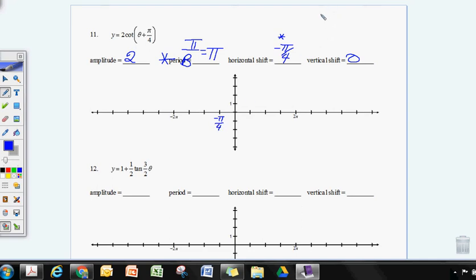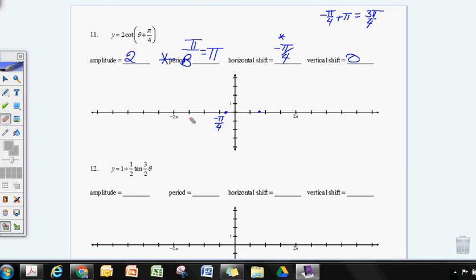My end is at -pi over 4 plus pi, which means this wave is going to end at 3 pi over 4. And I have to apologize, that point is -pi over 4.